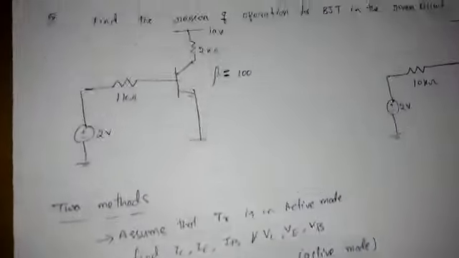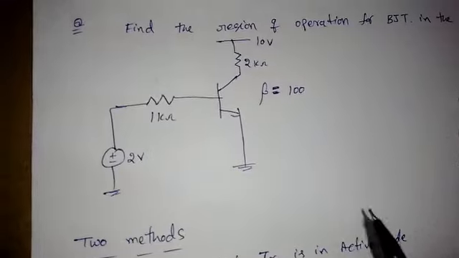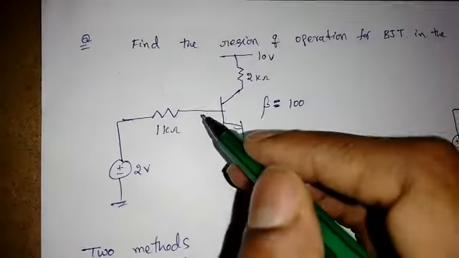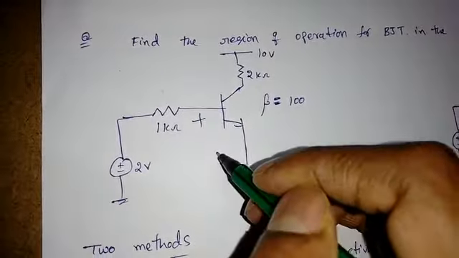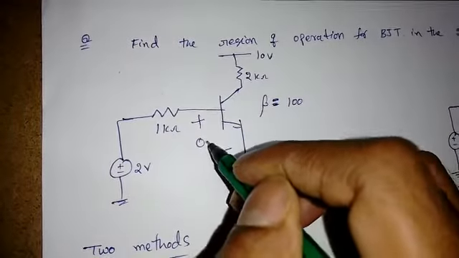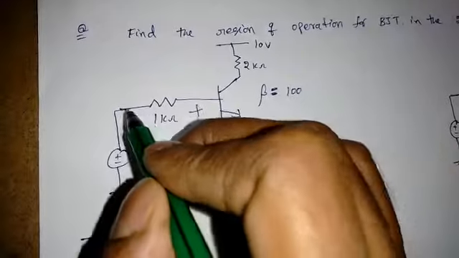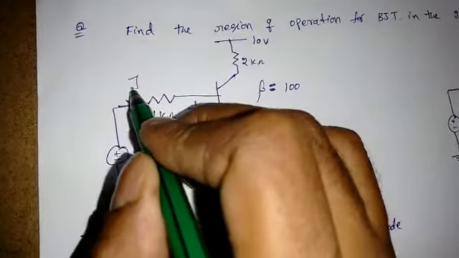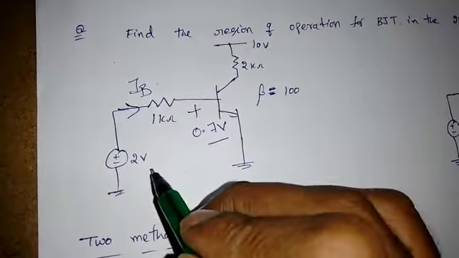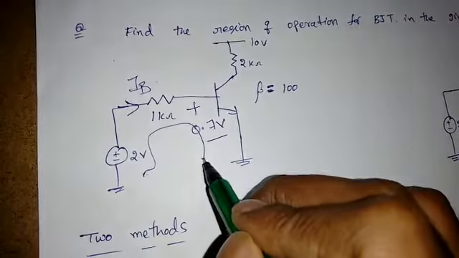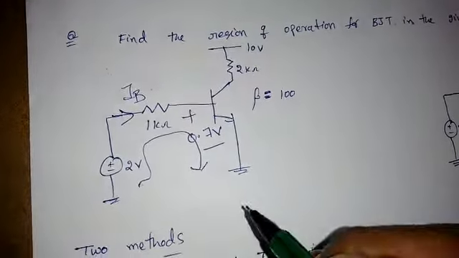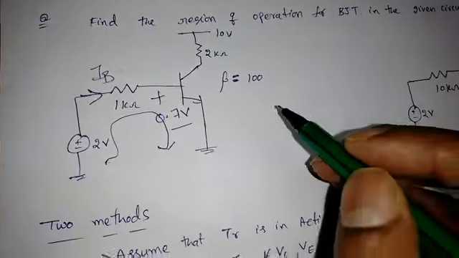Now how to find them? See, it's a very simple one. The moment we assume it is in the active region, the base to emitter voltage should be 0.7 volt. Now this is the base terminal, so this is the base current. Any analysis in analog electronics is only KVL, KCL, nodal analysis or mesh analysis.